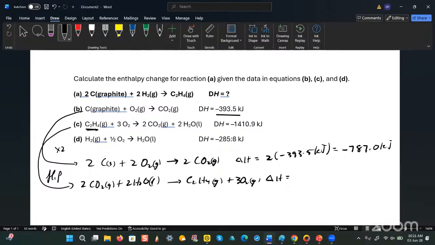Exactly. So instead of minus 1410.9, this would be positive 1410.9 kilojoules. All right.